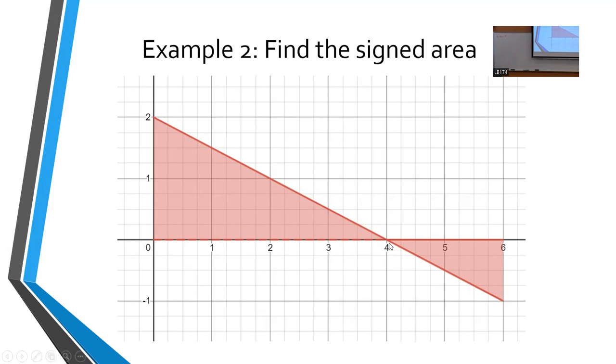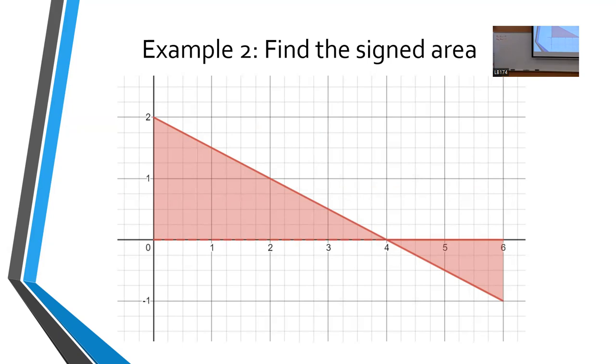The area of this other triangle, well, base here is 2, height is 1. 1/2 base times height gives you an area of 1, right? But because it's below the x-axis, it's counted as -1.